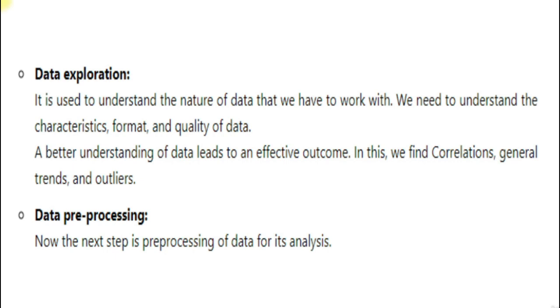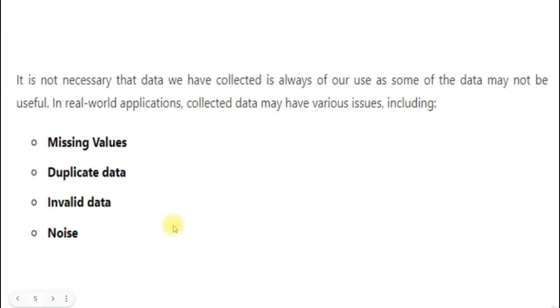In this, we generally find correlation, general trends of the data, and outliers if there are any outliers present in the data. Data pre-processing. Now the next step is pre-processing for this data that we have explored. We have tested the quality of the data. We are trying to identify different trends and patterns from the data, cleaning it, finding outliers, and then it is ready for pre-processing.